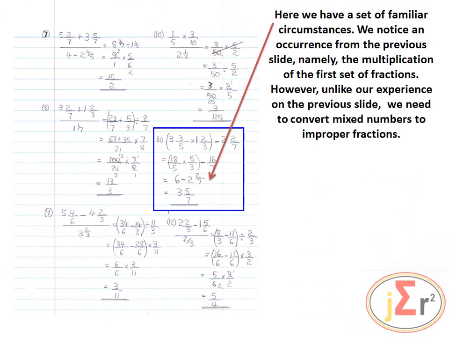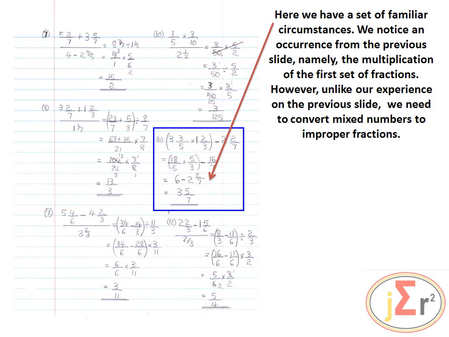More. Here we have a set of familiar circumstances. We notice an occurrence from the previous slide, namely the multiplication of the first set of fractions. However, unlike our experience on the previous slide, we need to convert mixed numbers to improper fractions.